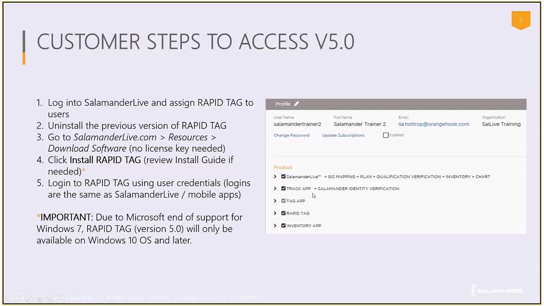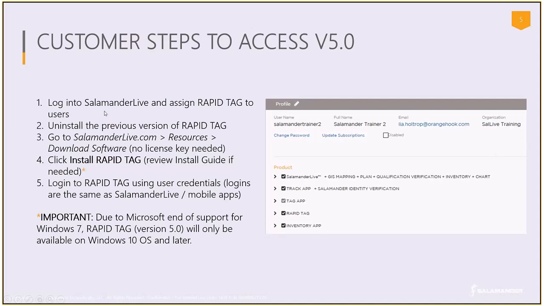Same thing if they have the track app. More than likely they'll have the mobile app user role tied to that organization, and that would be sufficient for that RapidTag user to log in and manage incidents. So you'll want to do that first.